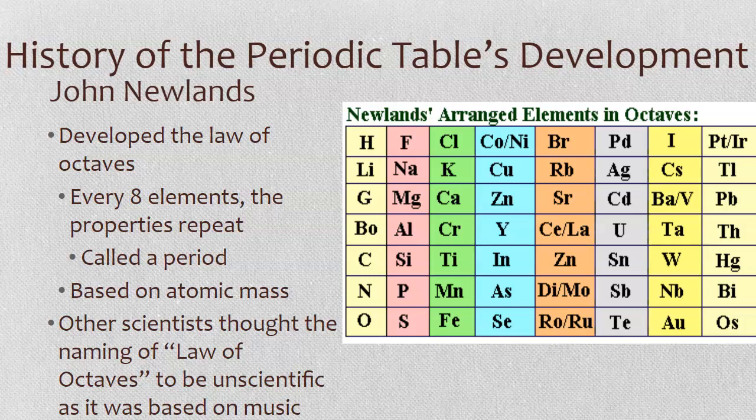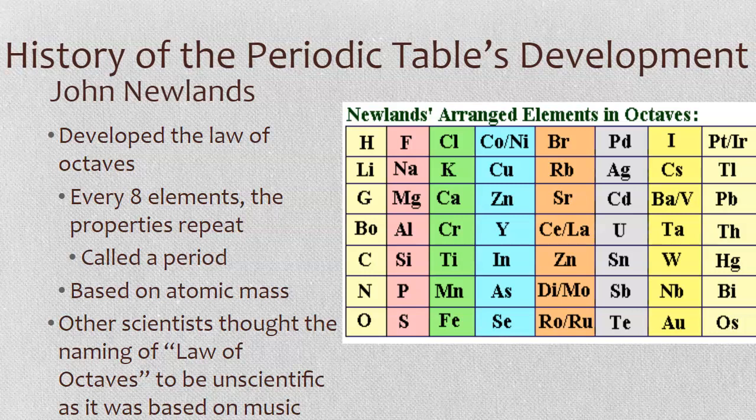And if you look at them, every 8 elements, also 8 columns, the properties repeat. He still based it on atomic mass, but he called it a period. He called it the law of octaves, because if you're playing music, 8 keys is an octave, and they repeat every 8 keys.